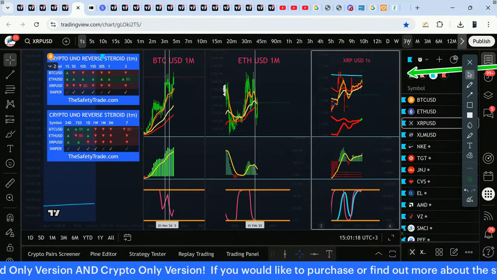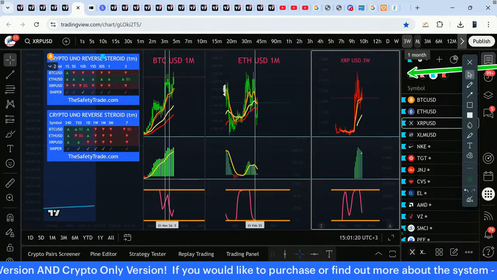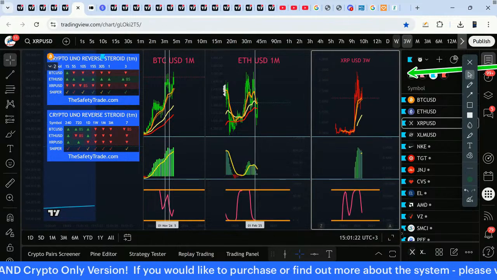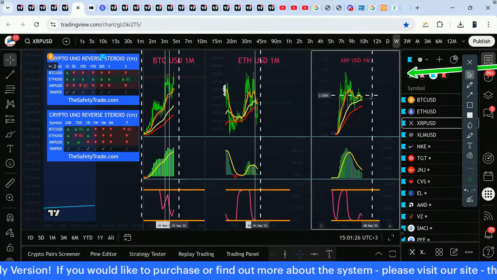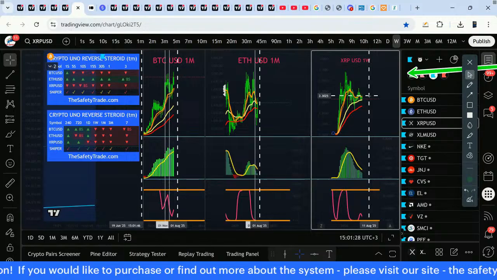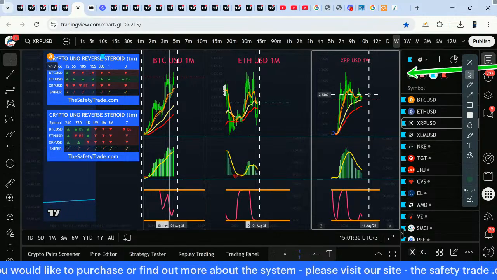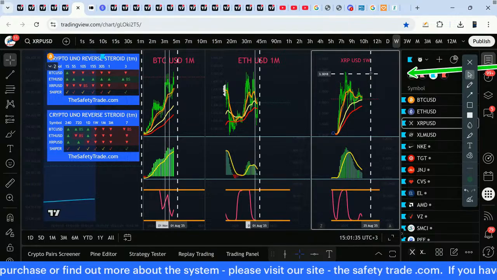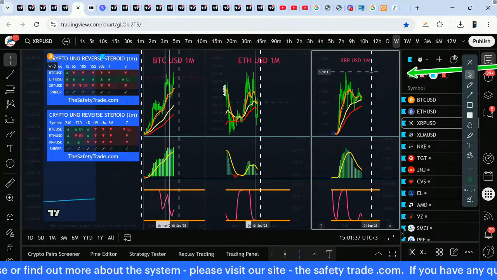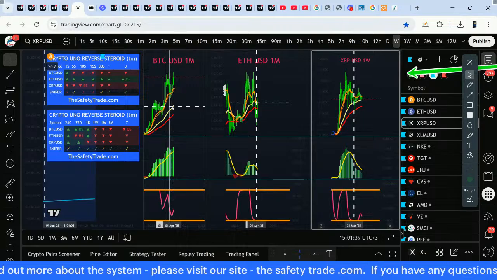All right, let's go over to XRP 3 weekly. We have a daily, weekly buy stop on XRP. Take profit 1 of $2.30. Take profit 2 of $2.52. And then $3, $3.50, then $4.